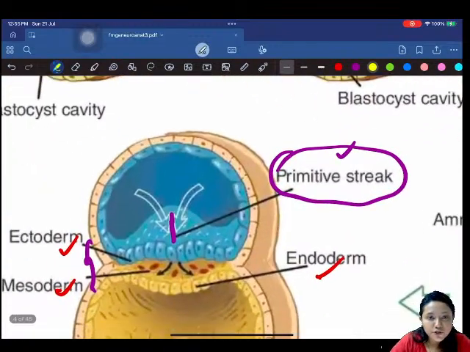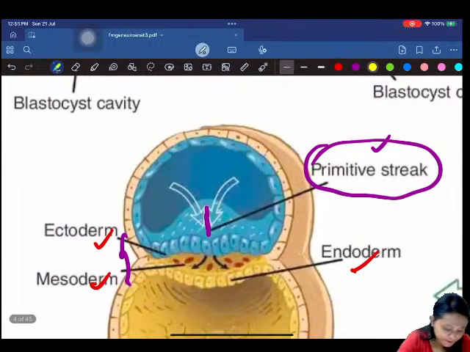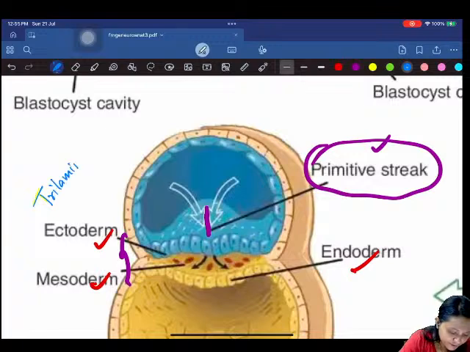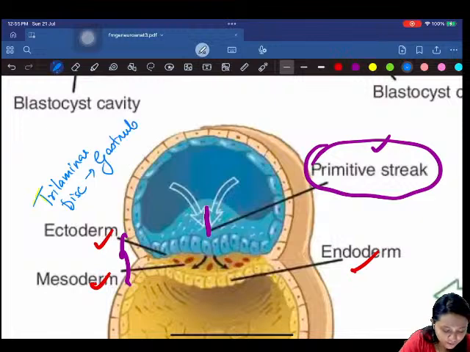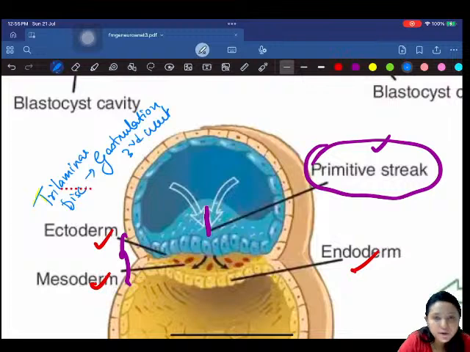There will be the formation of your trilaminar disc, that is your gastrulation, and this is in the third week. Trilaminar disc, gastrulation, third week.